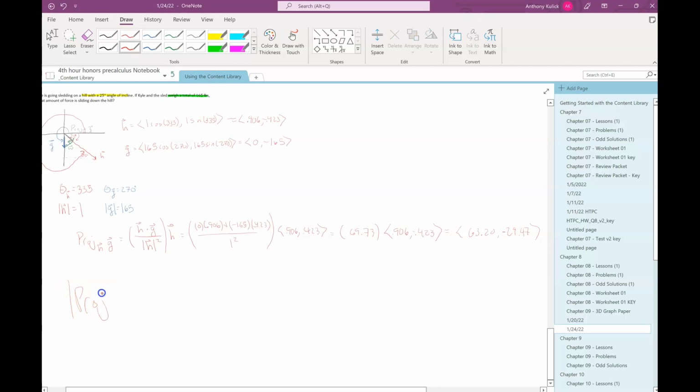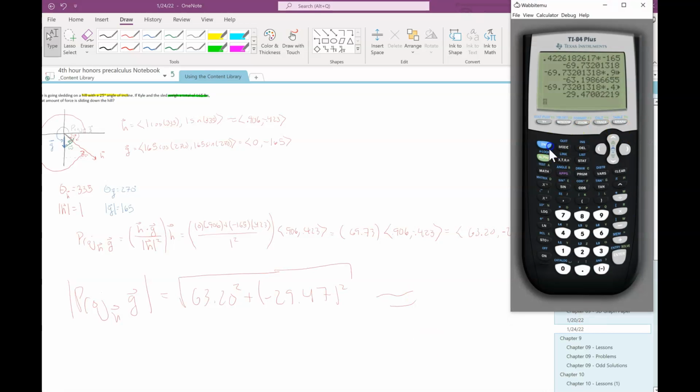What we want, if we want the force going down the hill, is to just take the magnitude of that vector. I realize that the numbers that I'm using aren't the right signs, but it doesn't really matter since I'm squaring them anyway.